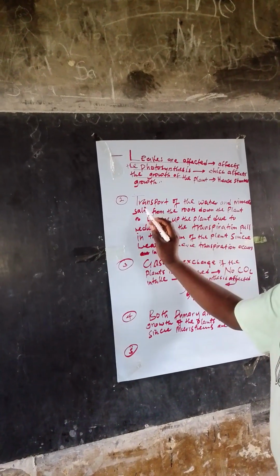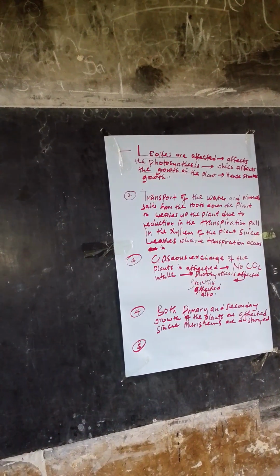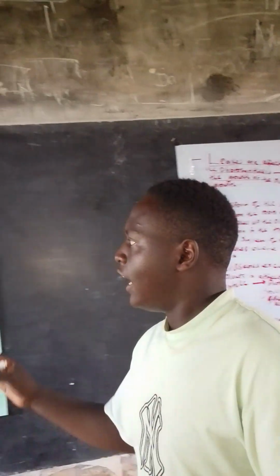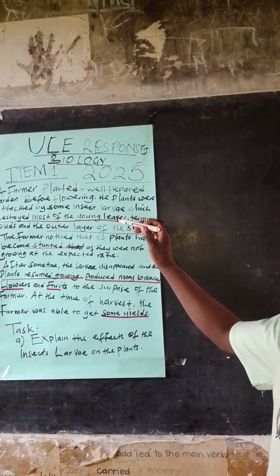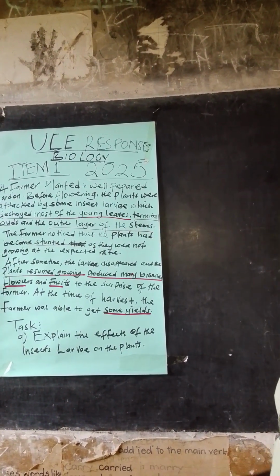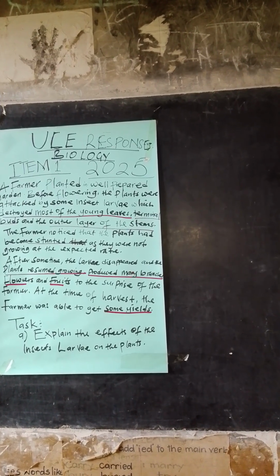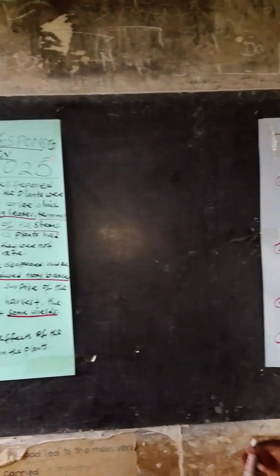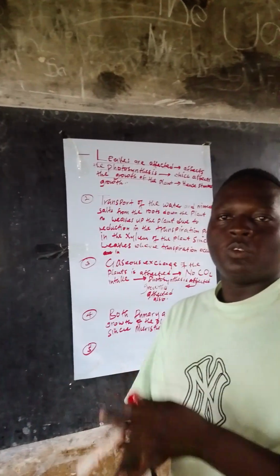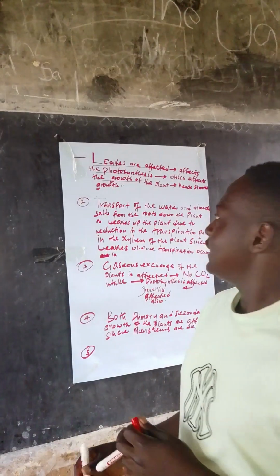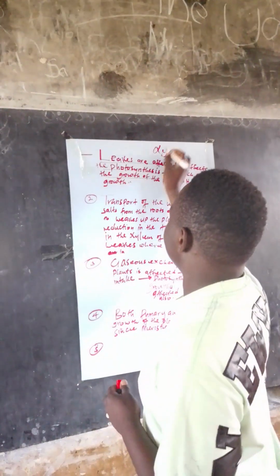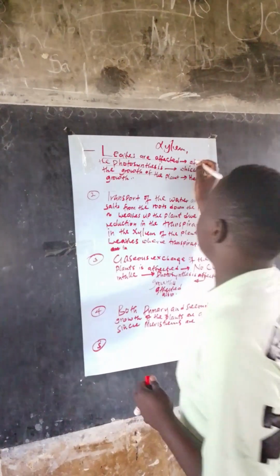Two, since this affected the leaves again, and when we look at the structure of leaves, there is that part of vascular bundles. Vascular bundles, we have two: that is xylem and phloem.